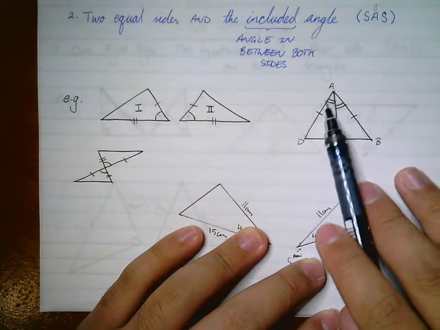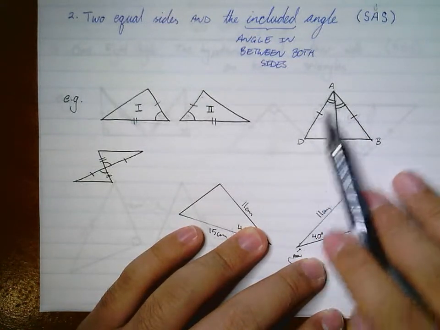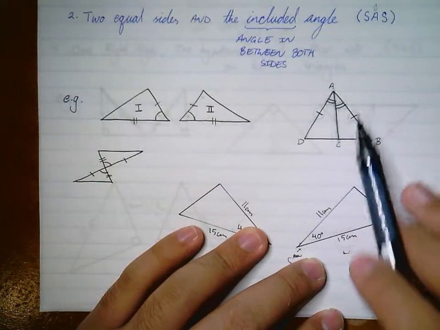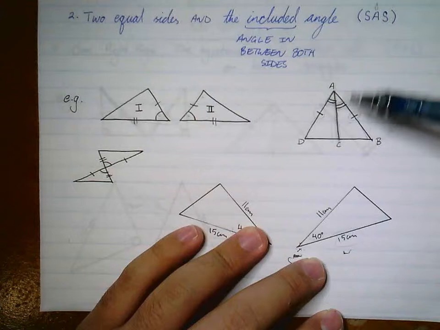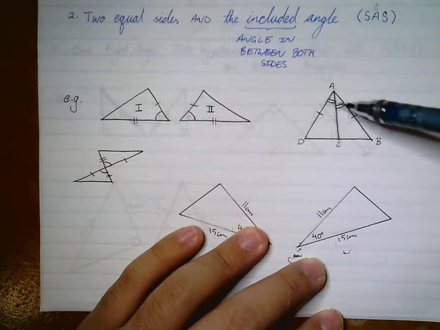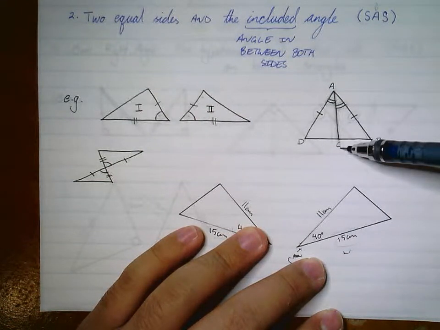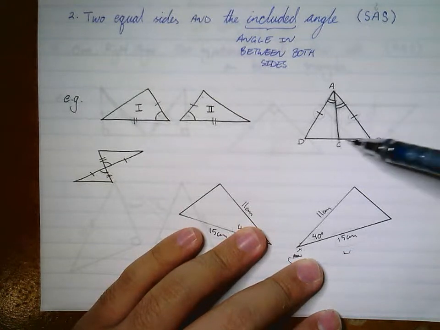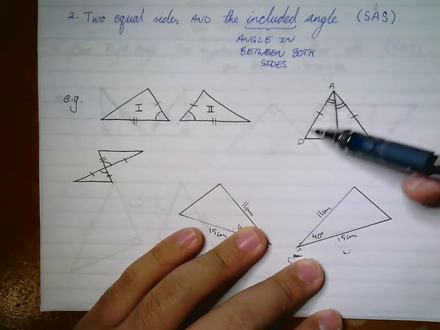So these two sides have this angle in between, and these two sides have this angle in between, which, because of side, angle, side, means triangle ABC is congruent to triangle ADC.